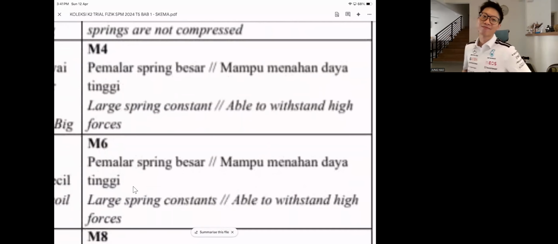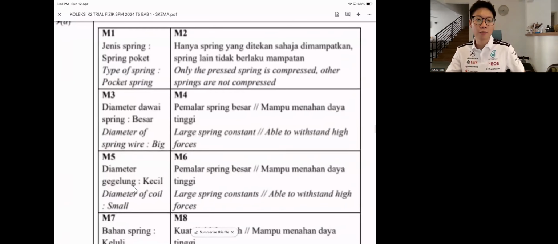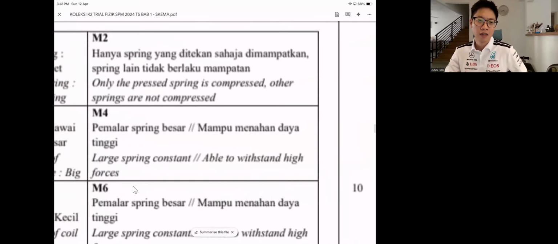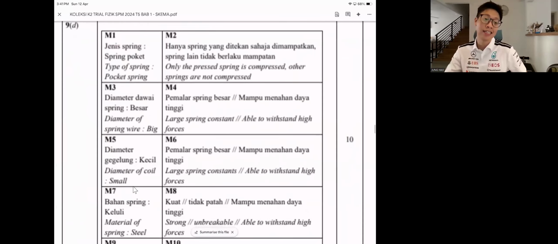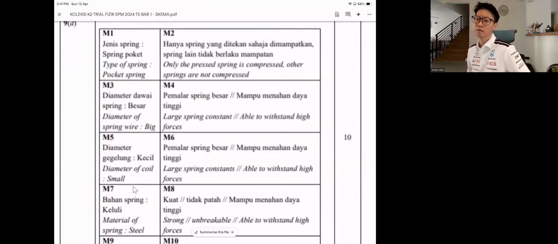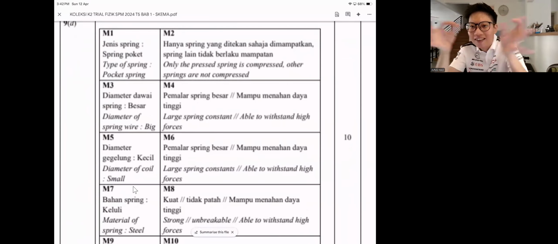Yes. Okay, what about pocket spring? The other springs are not compressed. It's like individual spring. So therefore, your springs are all individual. Are we okay? Can.